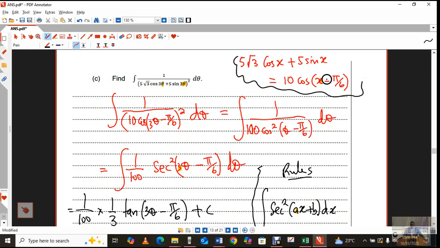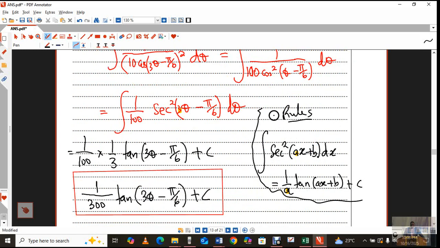So now it's not x, but it's 3 theta. This whole stuff is replacing this, and squaring that means you take 10 squared, which is 100, and if you write cos, you can put a square next to it, meaning the whole thing squared. But you are now integrating with respect to theta.